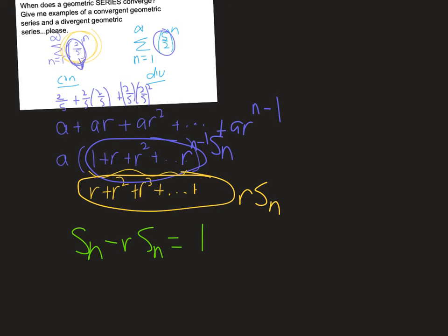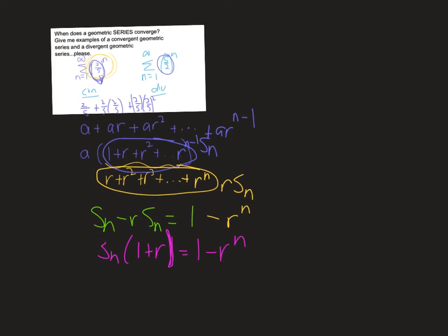And then this one, we took that r to the n minus 1, we multiplied by another r, so that's r to the n. So everything's going to cancel out except for that. And then if we factor out the Sn, we get 1 minus r times Sn equals 1 minus r to the n. Keep rolling with me. I believe in you.